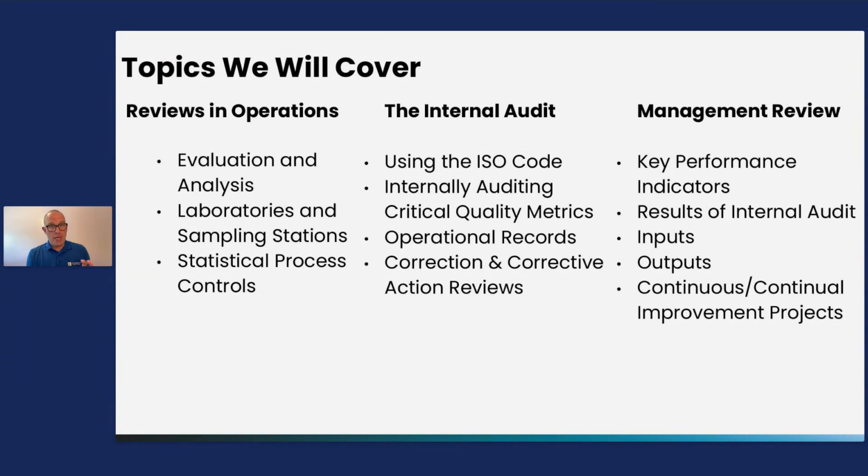A key performance indicator is some designated part of operations or of the results of operations that senior management, top management is looking at to make sure that the business is functioning correctly. That critical quality metric is a quality measurement in operation that must be correct in order to designate conformity. Key performance indicator is a higher level metric that says our business is properly functioning.